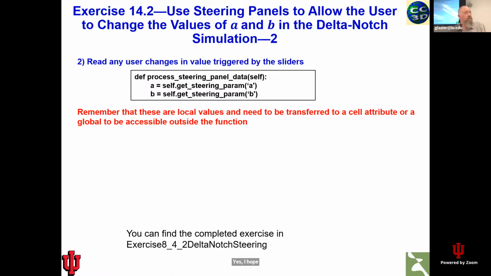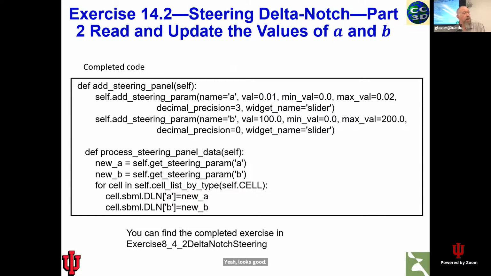We have to read the values of A and B, and those are local now to the function. Then I add a loop over my cells, for cell in self.cell list by type of self.cell, and then I update the value of A and B from the values pulled from the steering panel. And that's all I have to do. So I don't change anything inside the start function or the step function. Everything that I'm changing is now in the init of the simulation.